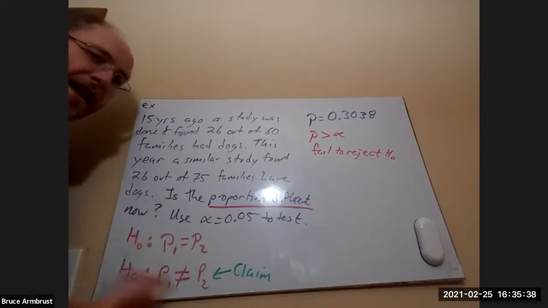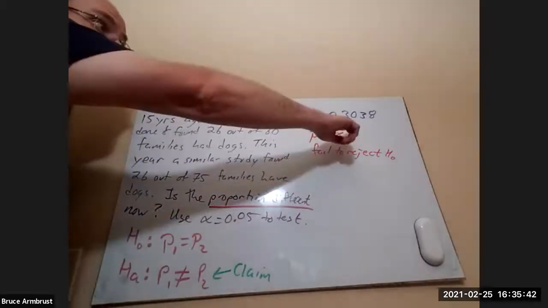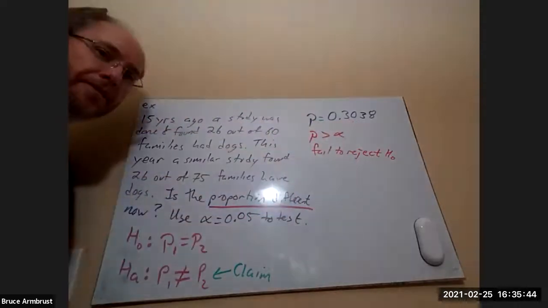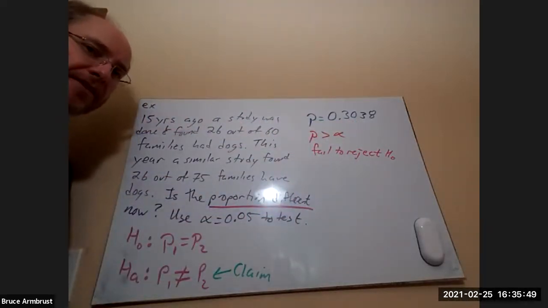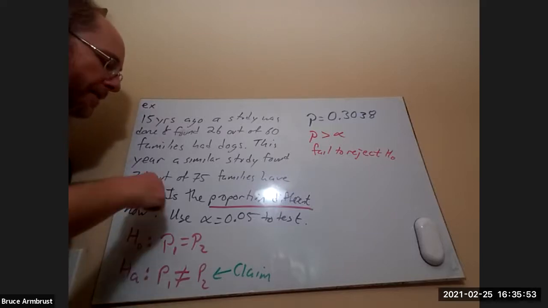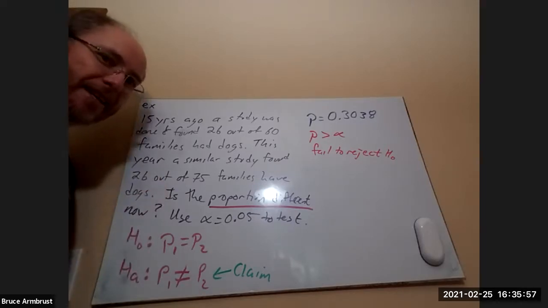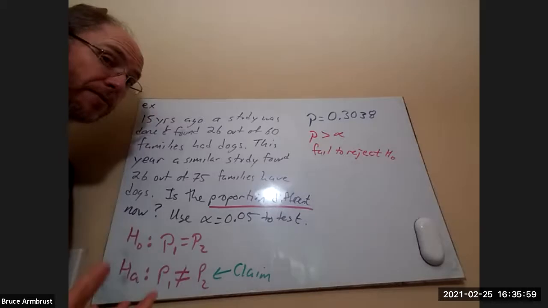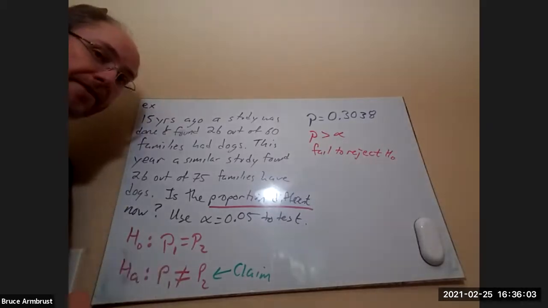And we do not have enough information to throw that away. In fact, think about this, the 0.30, 30% chance. So roughly a 1 in 3 chance that if the proportion is the same, we would get this kind of a result. That's pretty likely. Which is why I'm definitely not confident to say that they're different.